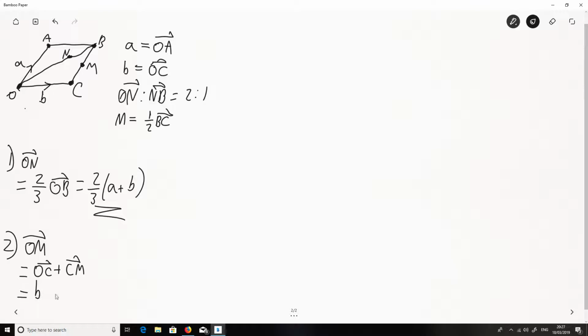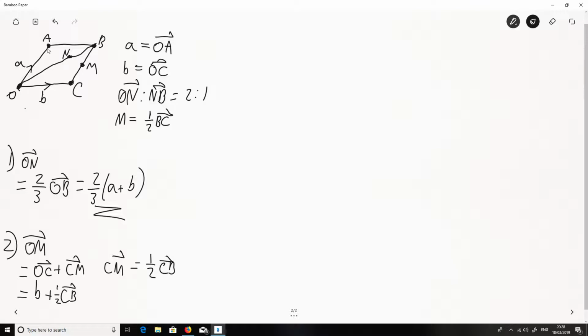So that's equal to B plus, now C to M is half the distance C to B. We know that the distance C to B is equal to A, so C to M is half of C to B. Half of C to B is just half of A, because OA is equal to CB.